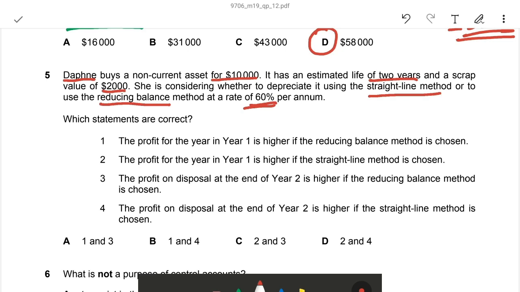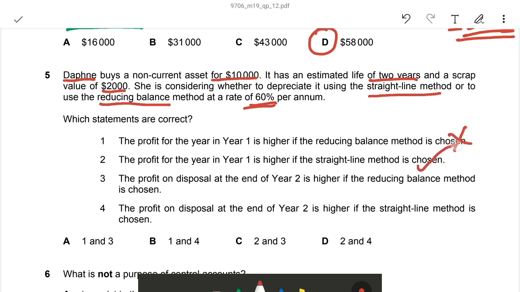Which statements are correct? The profit for the year in year 1 is higher if the reducing balance method is chosen. No. The profit will be higher in the straight line method. It will be higher compared to the other method. So the first option is wrong.